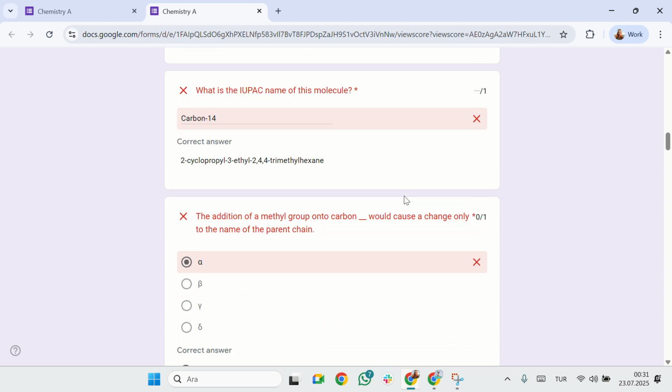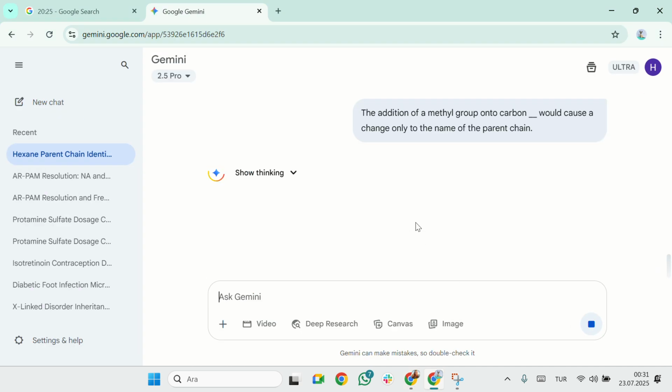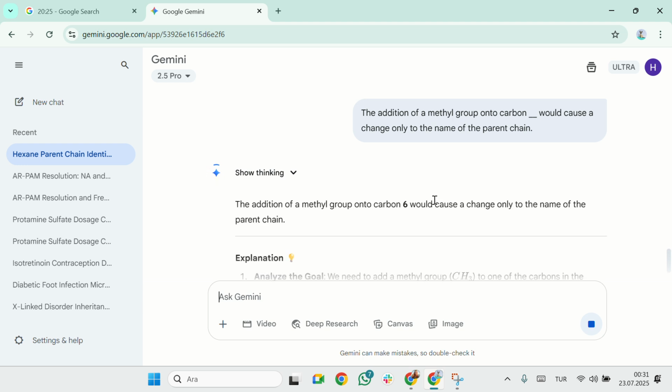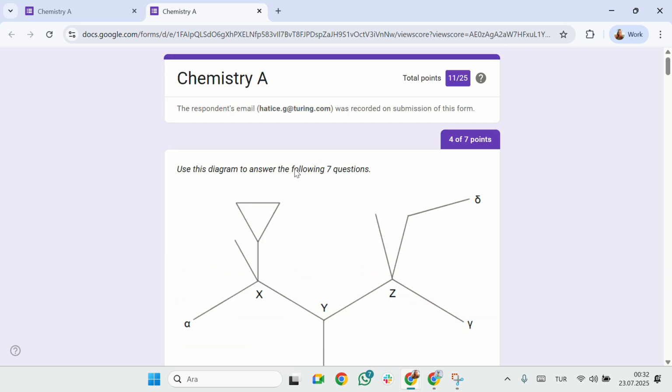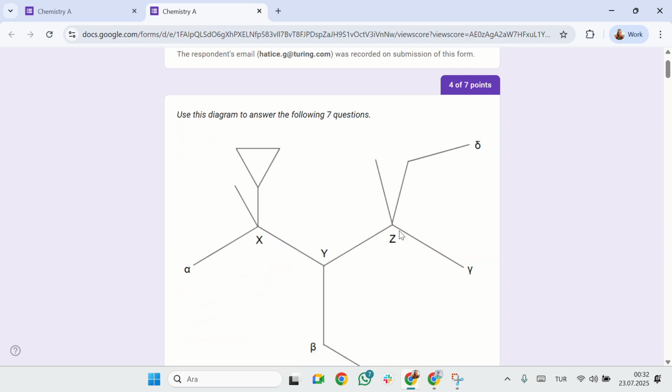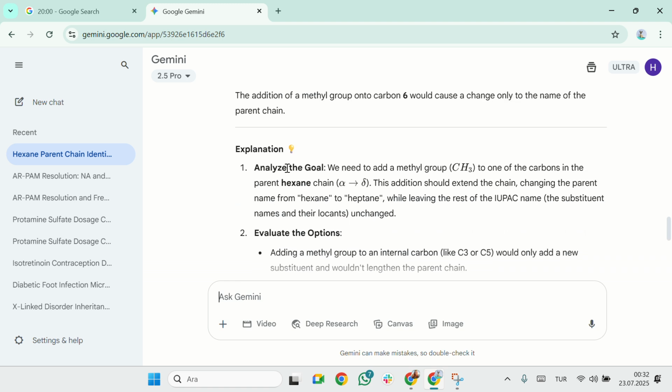I got it. But okay, I need to check Gemini's response to be able to make sure about this. The addition of a methyl group. Carbon 6 was delta, right? 1, 2, 3, 4, 5, 6. Yeah, this was. Analyze the group.